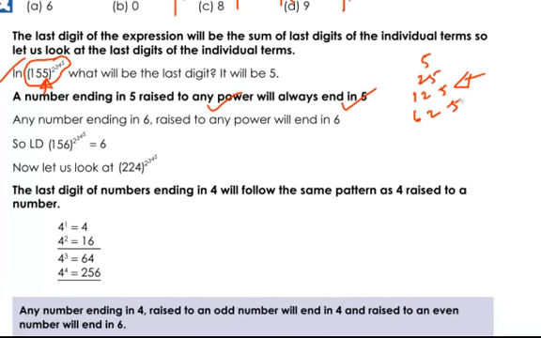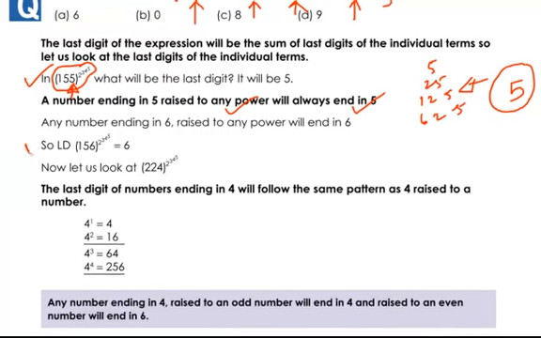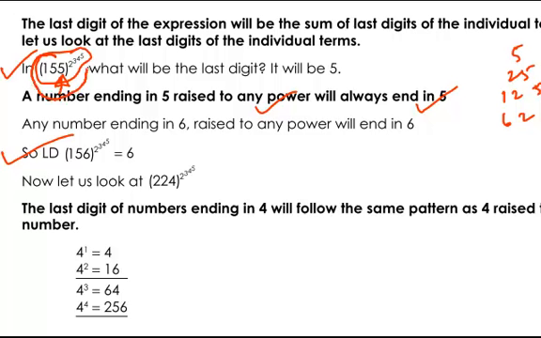So the last digit of 5 raised to any power will always be 5. So the last digit of 155 raised to any number will be 5. So we have tackled the first term.